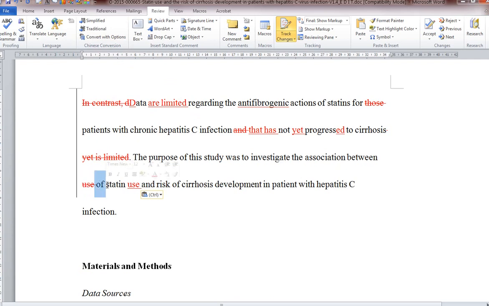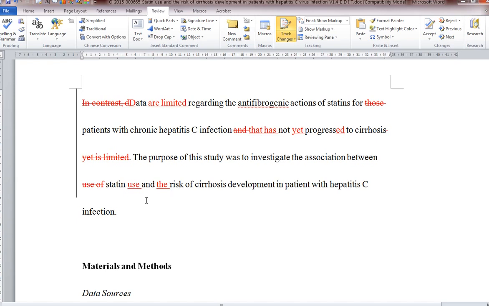Between statin use and risk. Risk is another term that can be used both countably and non-countably, but I think that's clearer here. Using the definite article isn't necessarily indicating that it's countable, but we've got risk of cirrhosis. We're indicating a specific risk, and this reflects native usage even at the formal level.